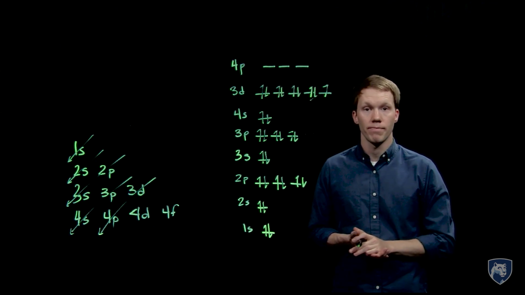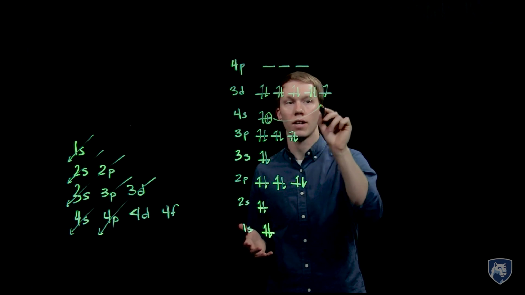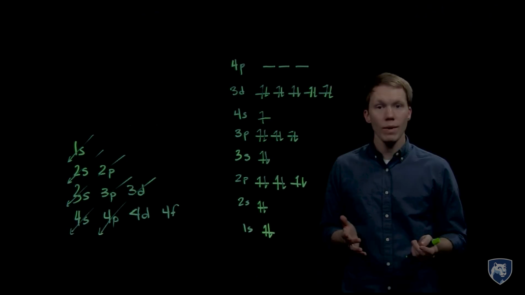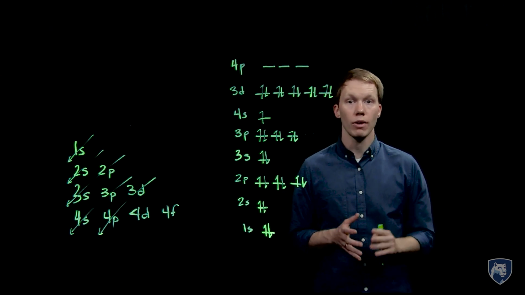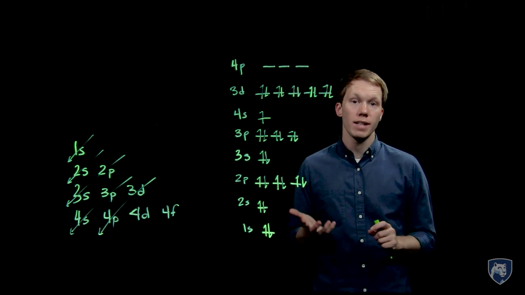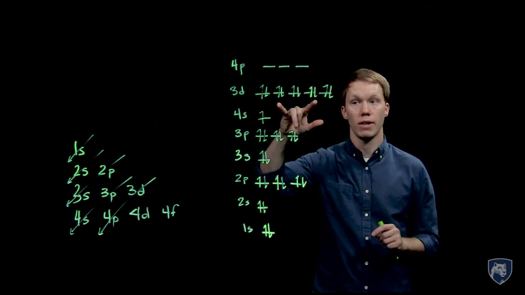We get this arrangement. Again, we see a promotion of this 4s electron to that 3d shell. So what does that look like? Now we have the filled 3d shell. And for the same reasons that chromium was an exception, copper is an exception as well. Except instead of talking about half-filled subshells, we're talking about a filled subshell.